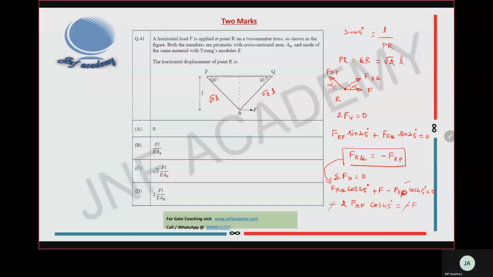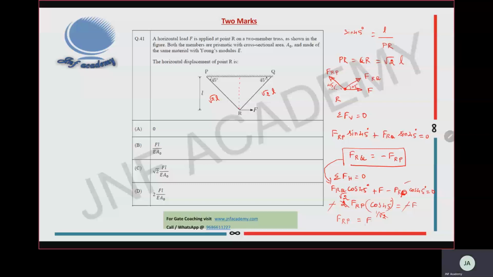Now I want to find the FRP. Instead of this cos 45, I can consider it as 1 by root 2, and I can cancel this. It will come like this.